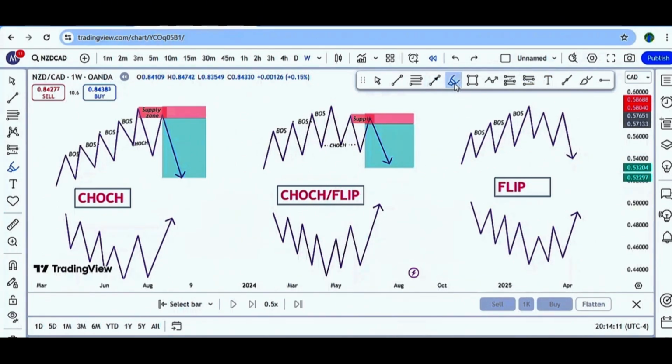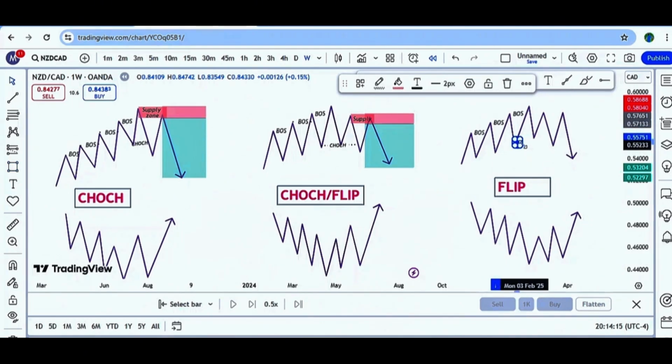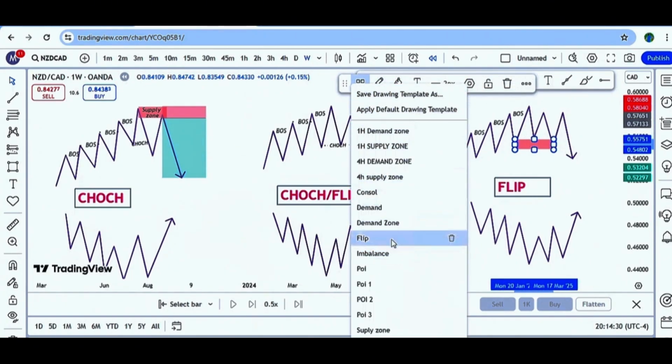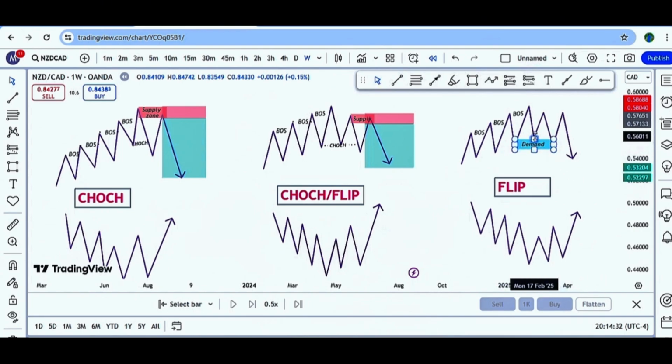So now you can see we have our demand zone here, there's our demand zone here, this place here.